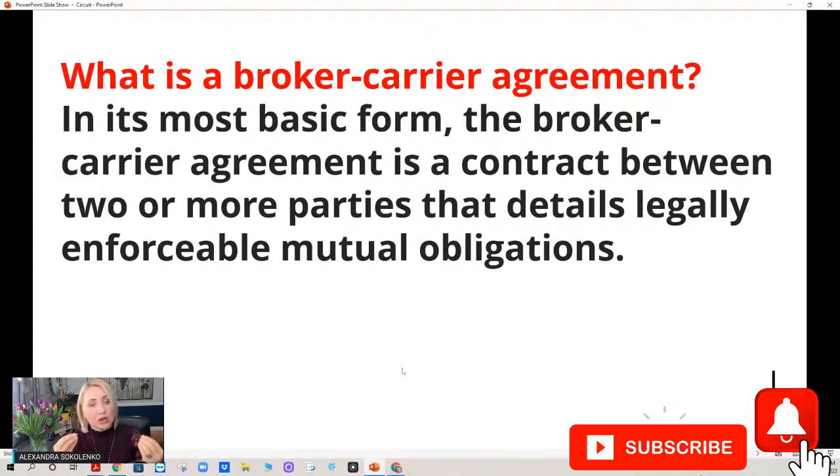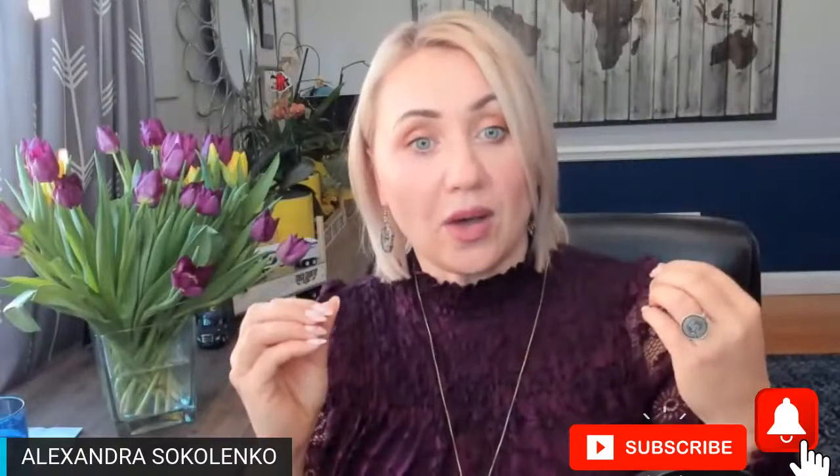enforceable mutual obligations. So what does it mean? For people in the USA, you know that we can enforce everything in the courts. So this is an enforceable agreement. If one of the parties breaks some obligations or does something that is not in the contract, then, for example, TQL can take a carrier, Alex Transportation, to court and enforce.